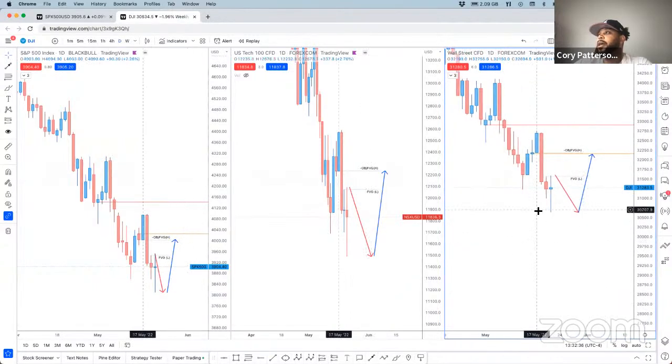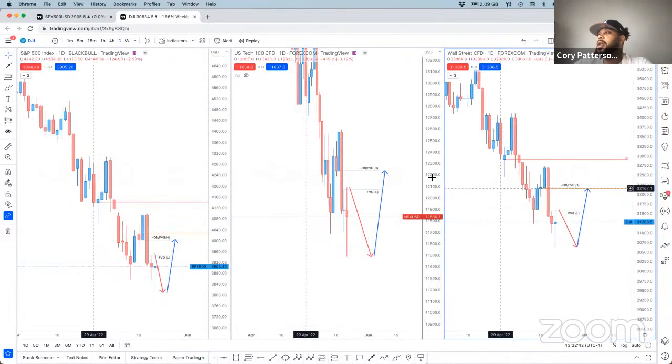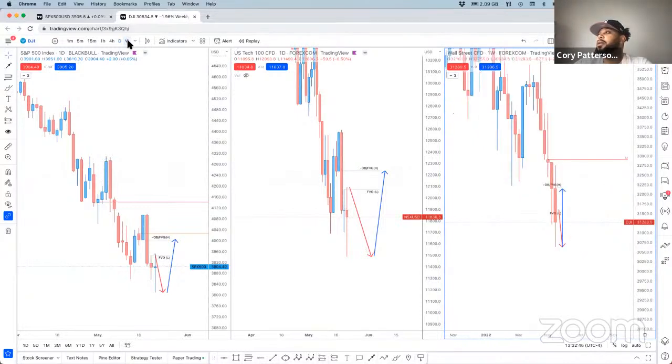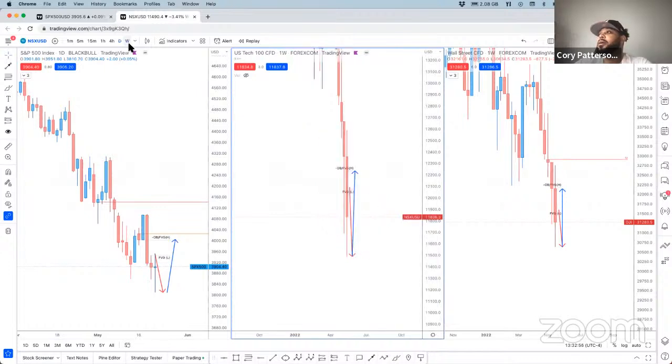This little gap right here, I thought you could see it on here, but I don't think you can. Let's see, maybe it's on the weekly. No, it's not here. So you're only seeing this on SPX.